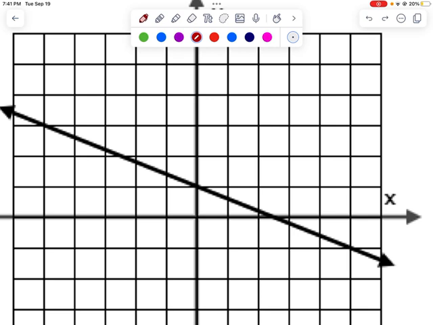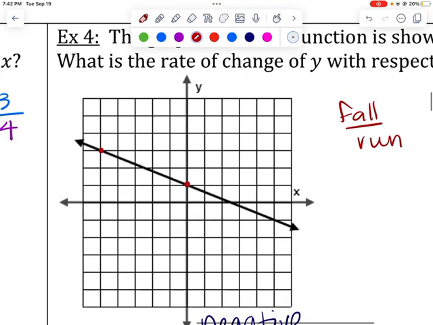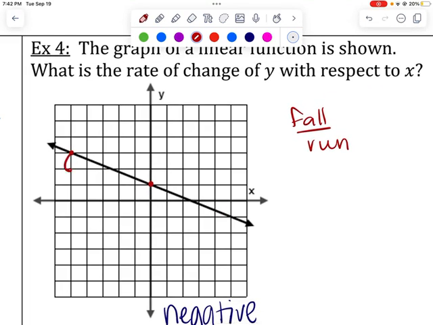So that is not a perfect point right there. I've got to make sure it's right there on the corners, like this one or like this one right here. So I've got my 2 points, and now I'm just going to check for fall over run. See, 1, 2, negative 2, because I'm falling, and then 1, 2, 3, 4, 5, plus 5.